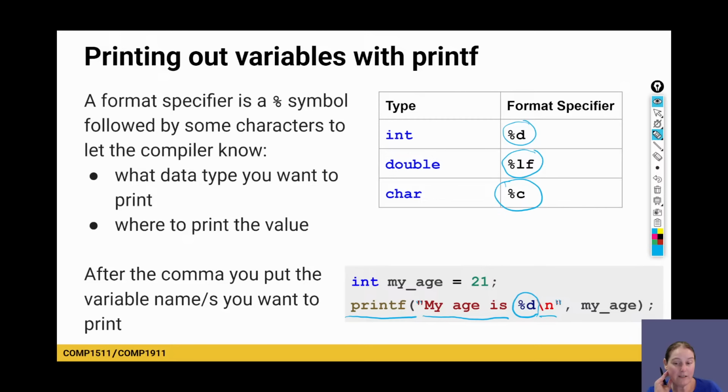But you need to tell C what that integer is. So over here, I've put what the particular integer is that I want it to print out. It goes and gets the value from this variable, and it prints out my age is 21. So this %d matches this variable over here.